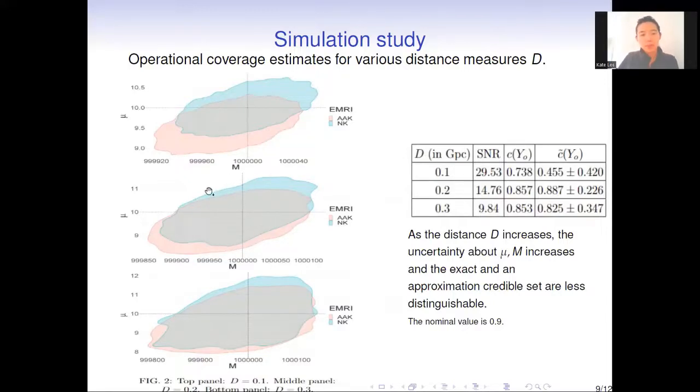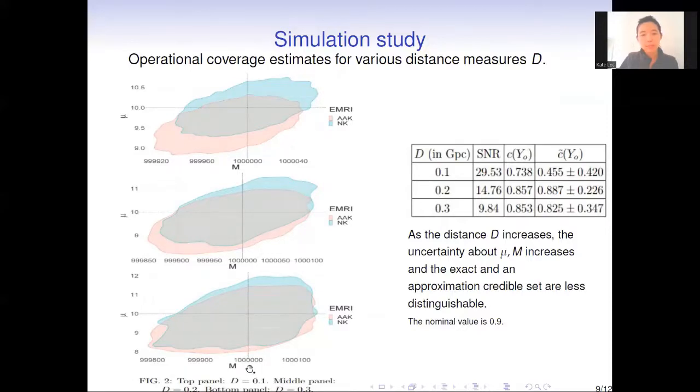And the middle one is when d is 0.2. There is more overlap between the exact and approximate credible sets. But on the other hand, both the exact and approximate credible sets become a bit larger. So in other words, there is more uncertainty around the secondary and primary mass estimation.